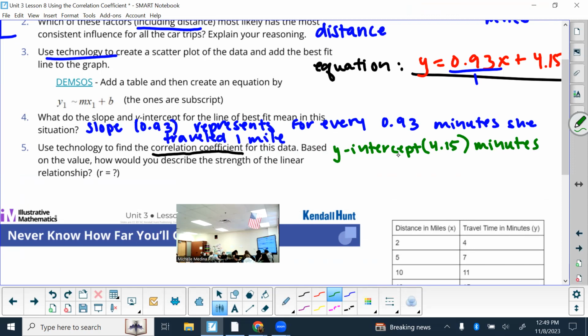And here's how we should probably phrase it. So that's 4.15 minutes has gone by when she travels how many miles at the y-intercept?